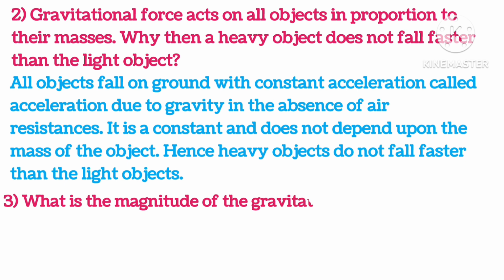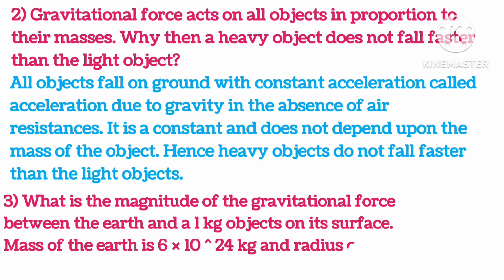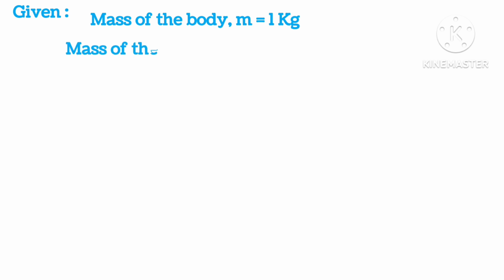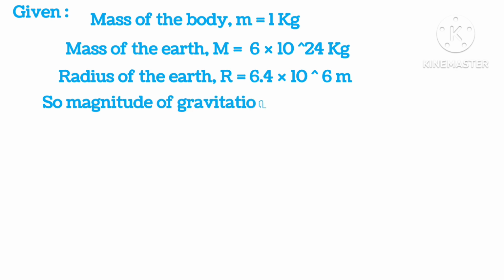What is the magnitude of the gravitational force between the Earth and a 1 kg object on its surface? The mass of the Earth is 6 × 10^24 kg. The radius of the Earth is 6.4 × 10^6 meters. Here, the mass of the body is 1 kg, the mass of Earth is 6 × 10^24 kg, and the radius of the Earth is 6.4 × 10^6 meters.